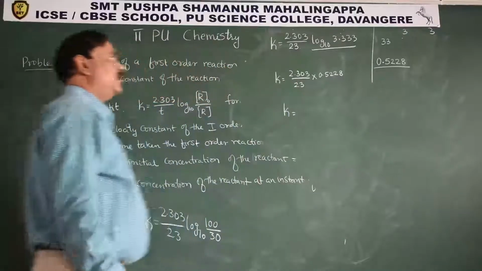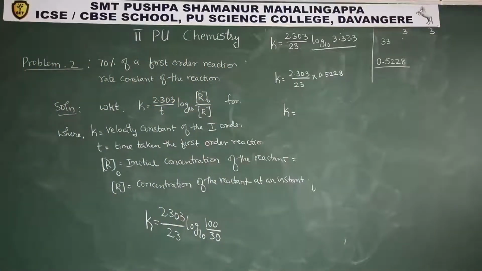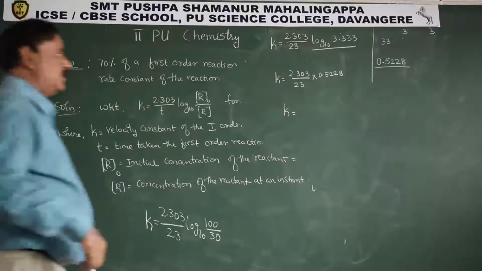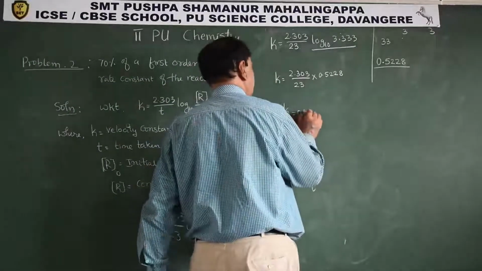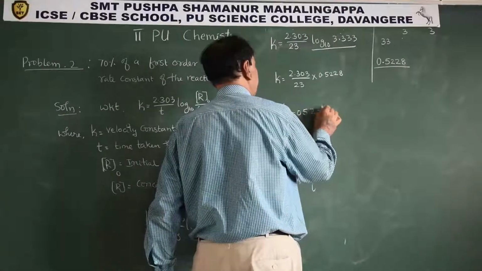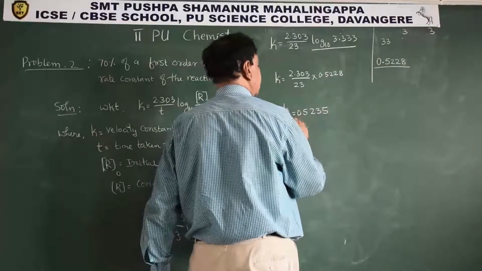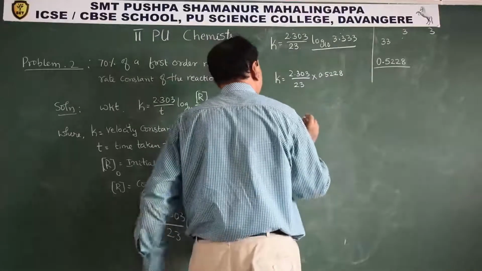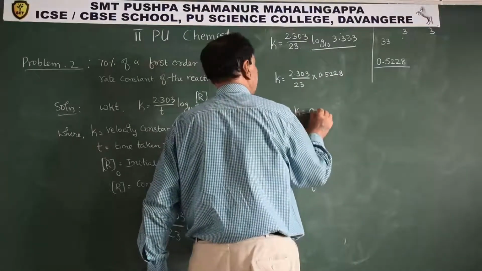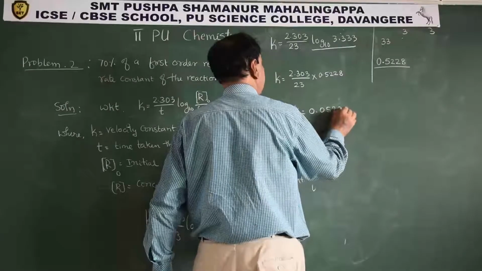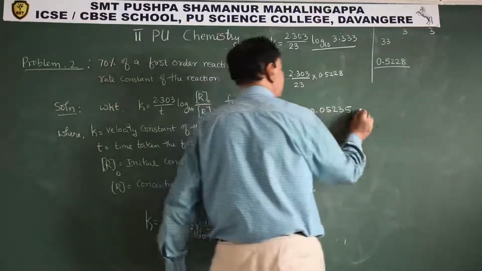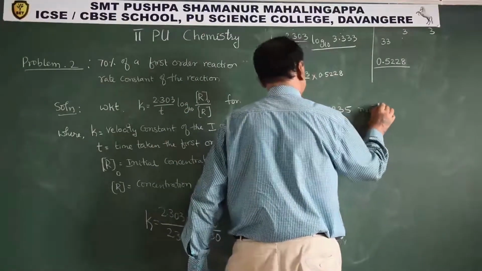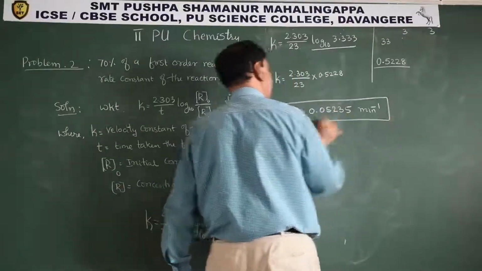Now substitute the values: 2.303 into 0.5228 divided by 23, that is 0.05235 units per minute.